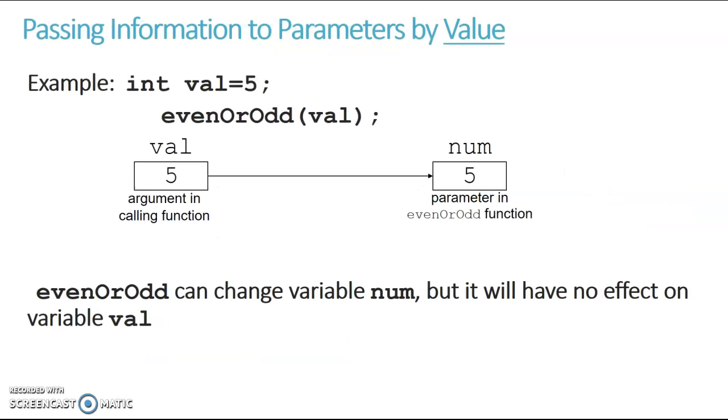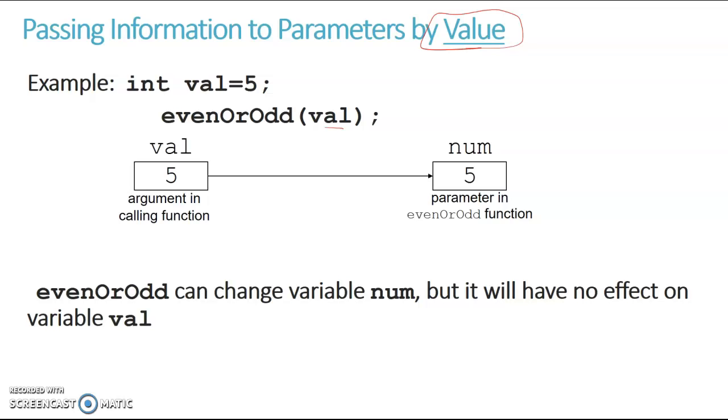So here we have int val = 5. It is passing a 5, and so in memory 5 is the value of val, and it is passing that by what we call value. When we pass by value, we're only passing a copy of whatever val is. I can't change val and what it's going to represent in memory within the body of the function evenOrOdd.